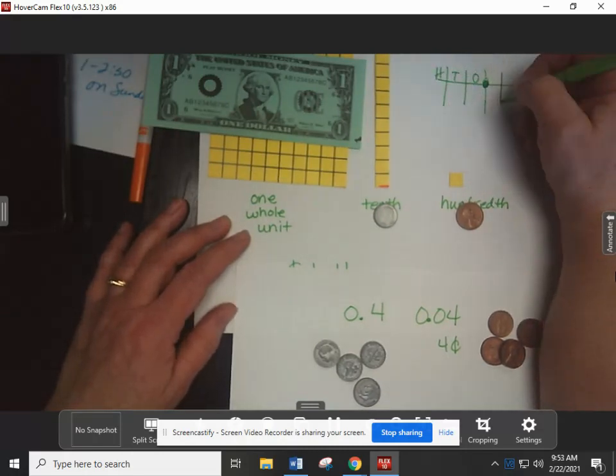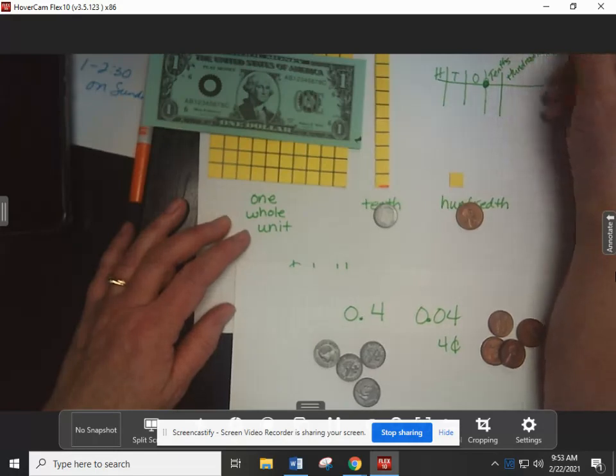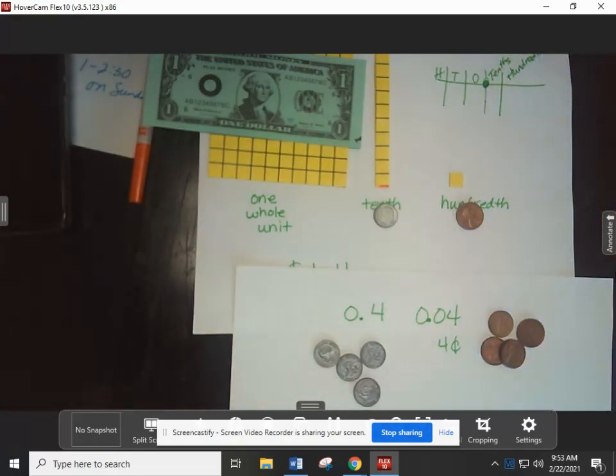Now we have tenths and hundredths. Anybody who's close enough to see our place value chart on the wall, sorry people at home, but we have a place value chart on the wall. Can somebody point to where the decimal point is on that chart? Thank you, Grace.